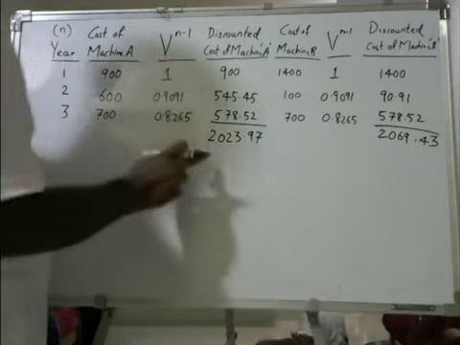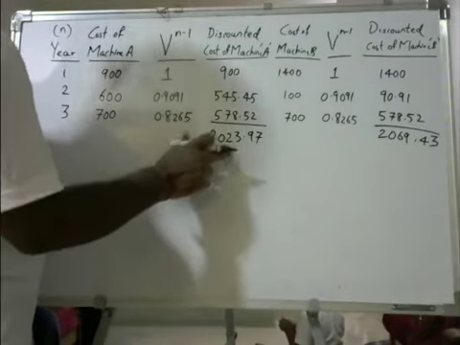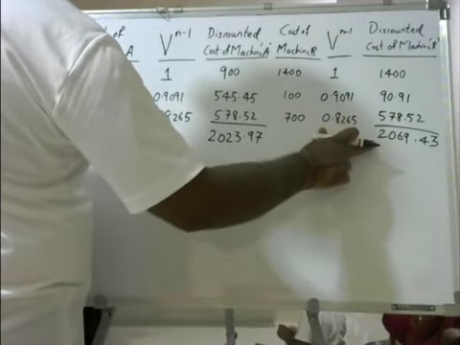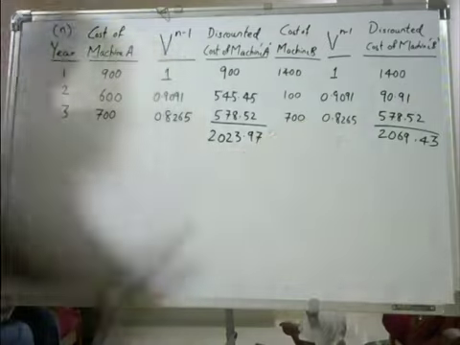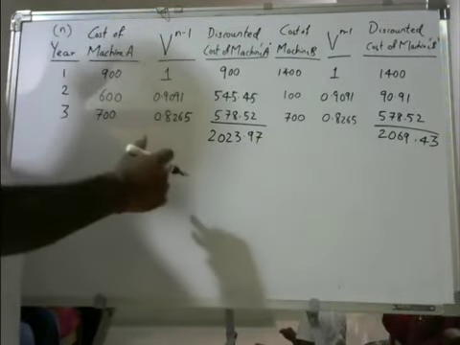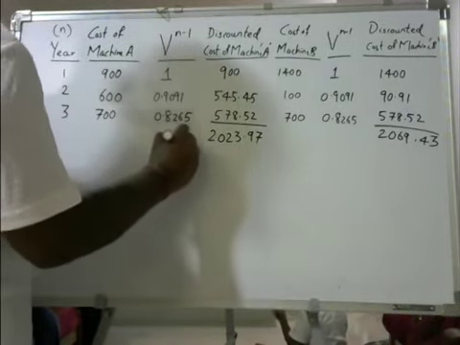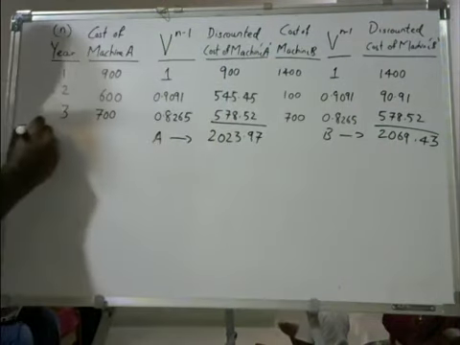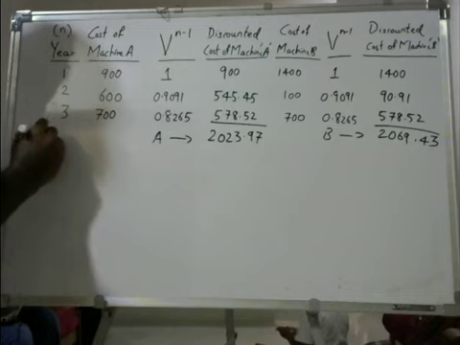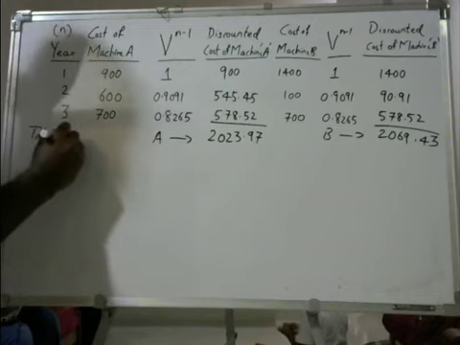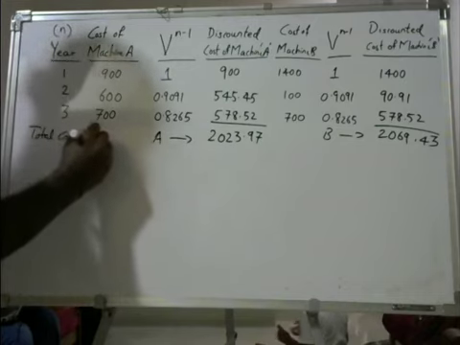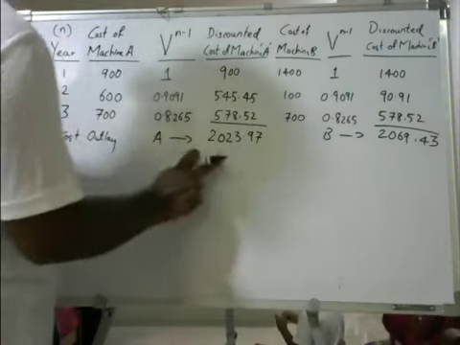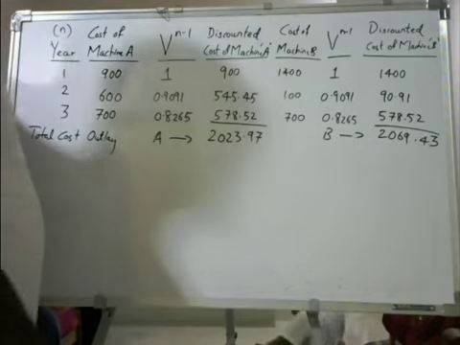So for machine A it is 2023.97 and for machine B it is 2069.43. So in between these two machines, this is the total cost outlay for machine A and this is the total cost outlay for machine B.